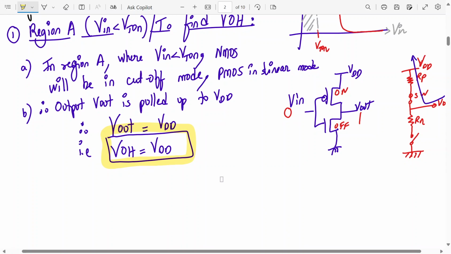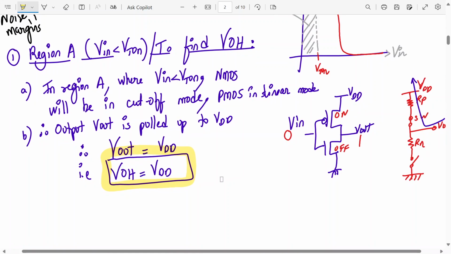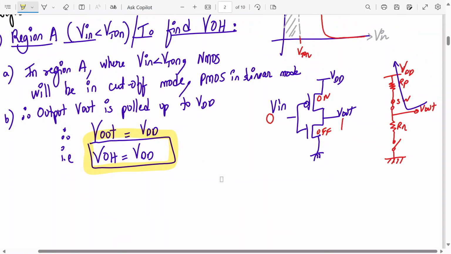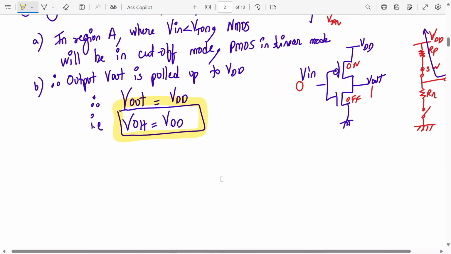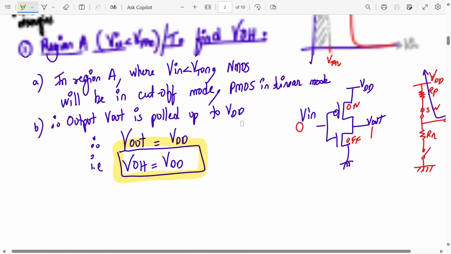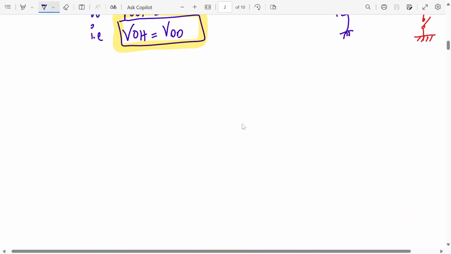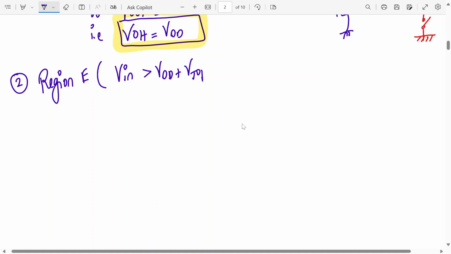Region number A. Okay. Now we'll go to region number E in the curve. Is this completed? Yes, no? Now we'll go to region number E. Region E, which is defined by Vin greater than VDD plus VTOP.